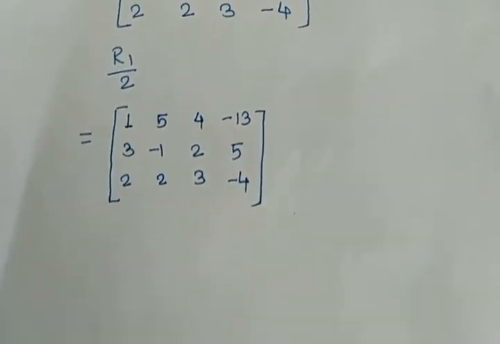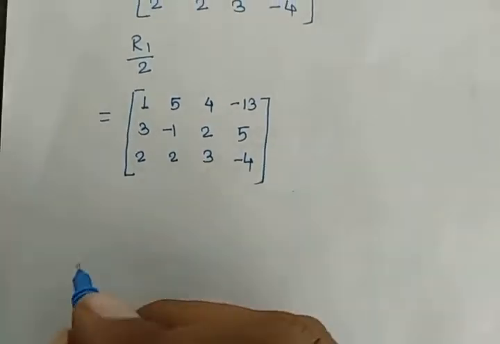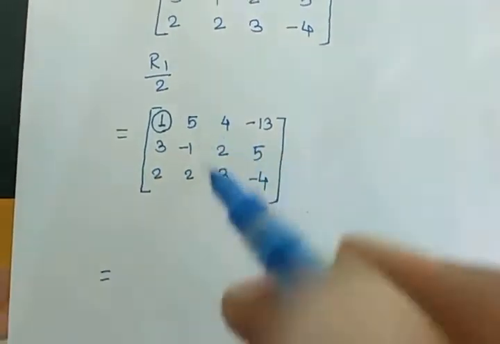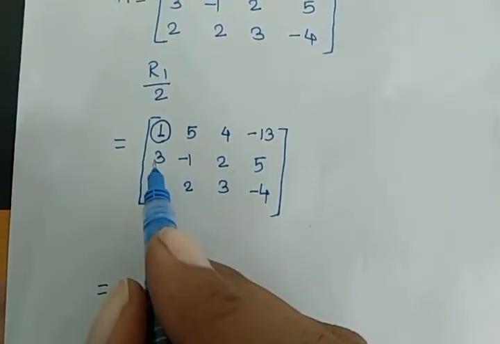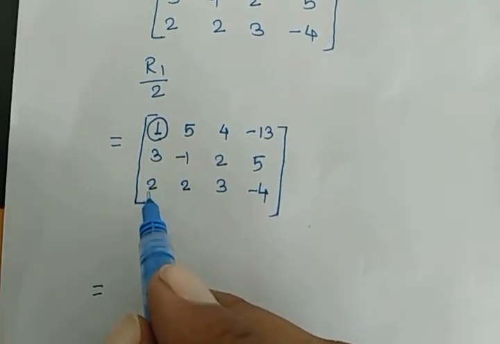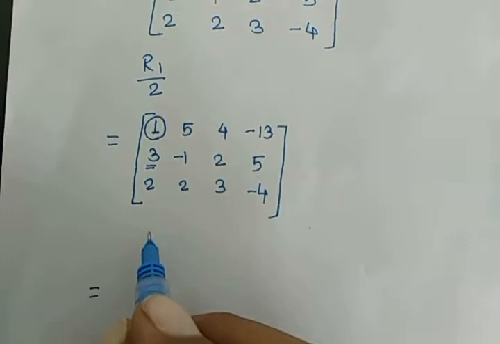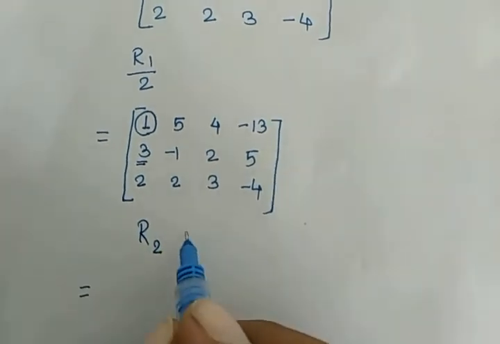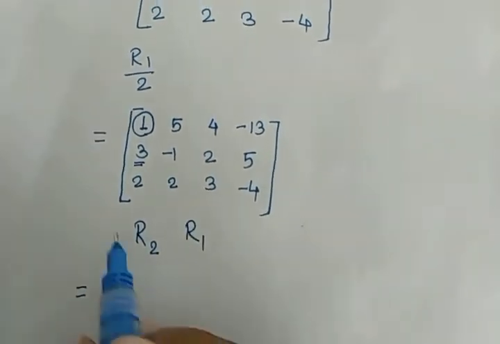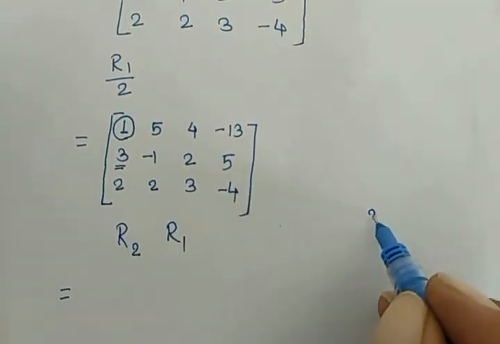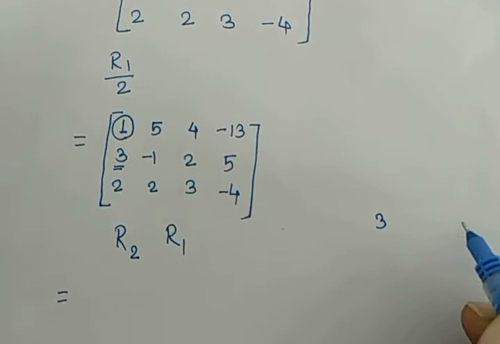Next step is we have to make a 0 below leading one in A21 position and A31 position. For A21 position, the row operation will be between R2 and R1. So R2 minus, now here R2 is 3 and R1 is 1.